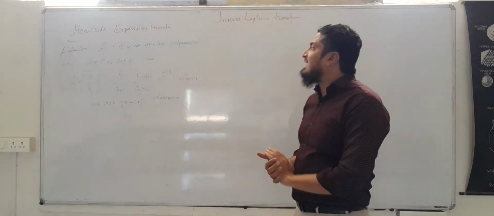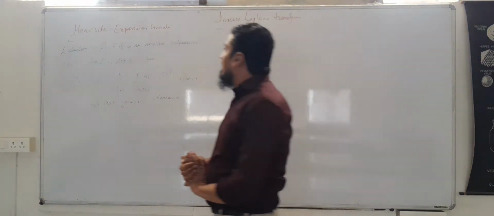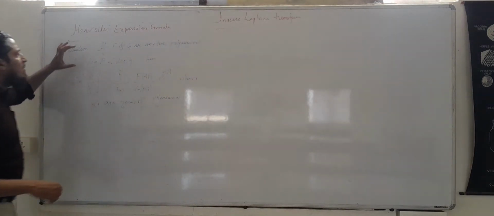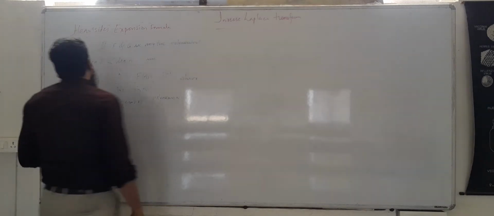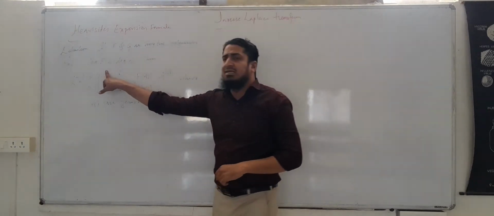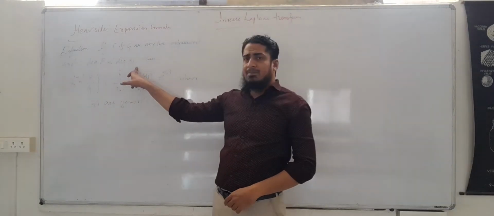It is the formula for Heaviside expansion. Now here we have two different polynomials f and g, in which the degree of f is less than the degree of g.